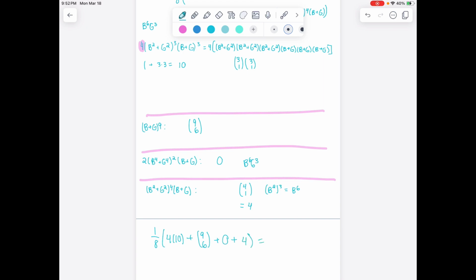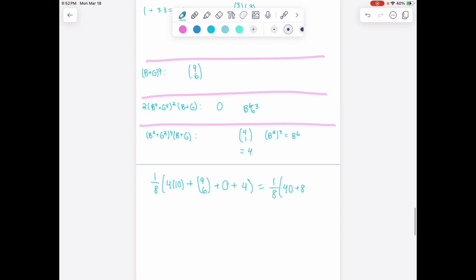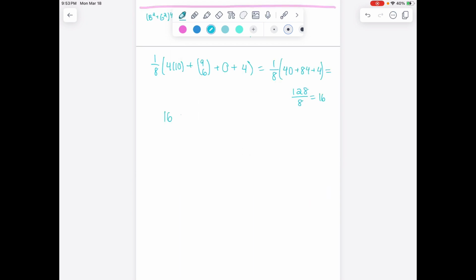And that is equal to 40 plus, I calculated this on the side, 84 plus 4. So this is 128 divided by 8, which is 16. So there are 16 distinct ways to color a 3x3 checkerboard with 6 blue and 3 green tiles.